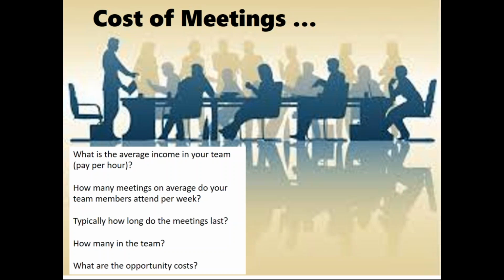So of course, what it means is that if you spend an hour in a meeting, it's actually costing you 2 hours. Why? Well, an hour for the meeting, but also another hour for the opportunity costs that are lost because you couldn't spend that hour doing something else.